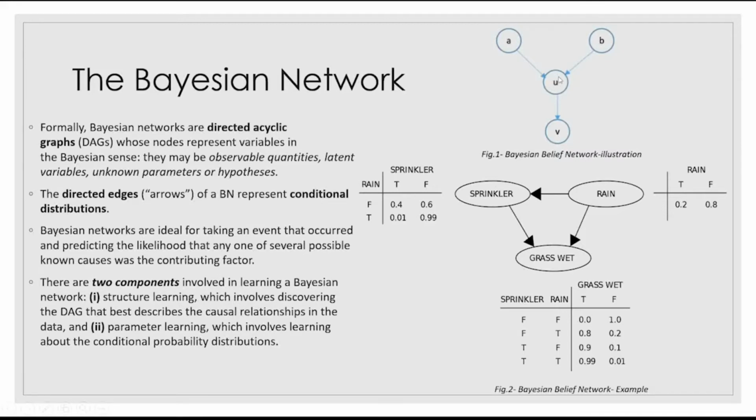With respect to cause and effect relationship, A and B are direct causes of U. U is directly causing V, implying that A and B are indirectly responsible for the occurrence of V. Now, Bayesian networks satisfy the local Markov property, which states that a node is conditionally independent of its non-descendants given its parents. Let's look at the next example to clearly understand what a Bayesian network is used for.